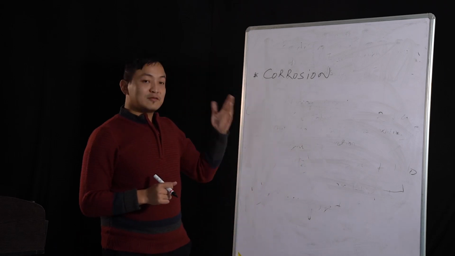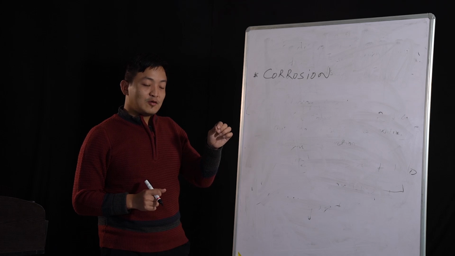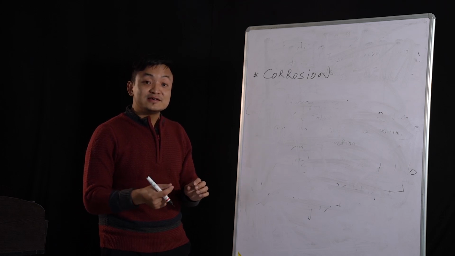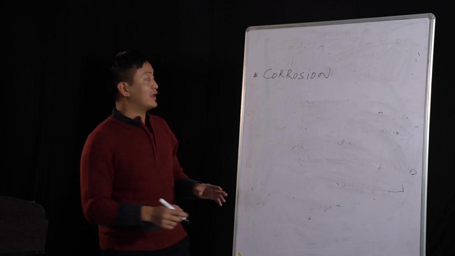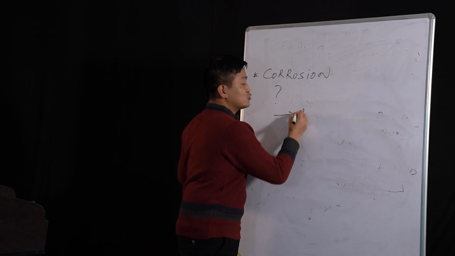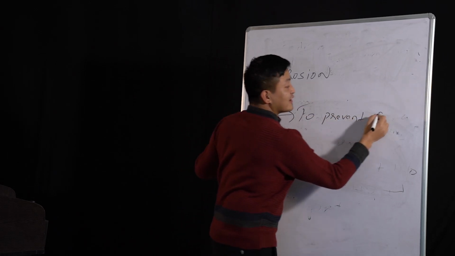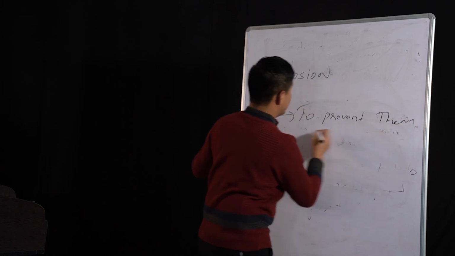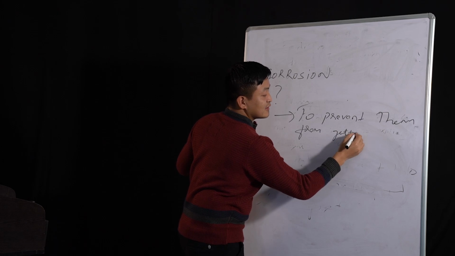Why do we have to paint a metal? Or why do we have to apply grease? Or why do we have to oil the machines? Why? The answer is to prevent them from getting corroded.